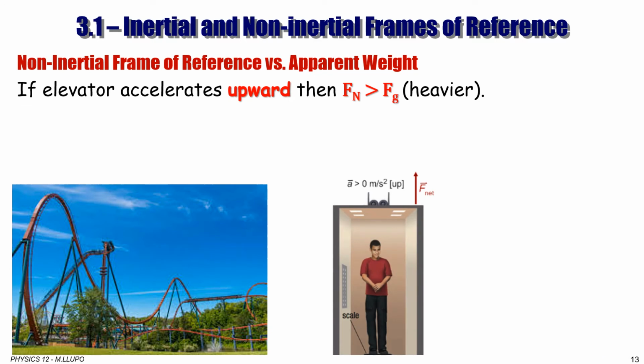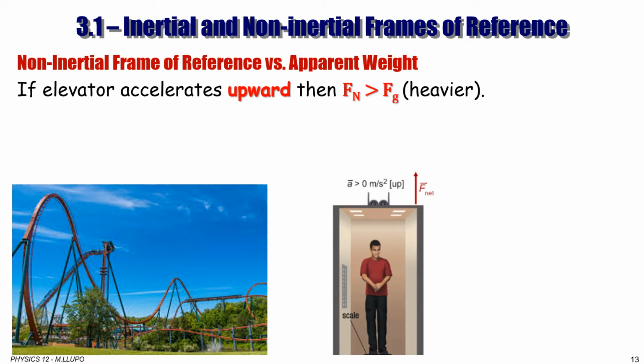So what will happen if that frame of reference, the elevator in this case, is accelerating, becoming a non-inertial frame of reference? Then you're going to see apparent weight, which is not equal to your weight, an apparent force, which is not equal to the gravitational force.